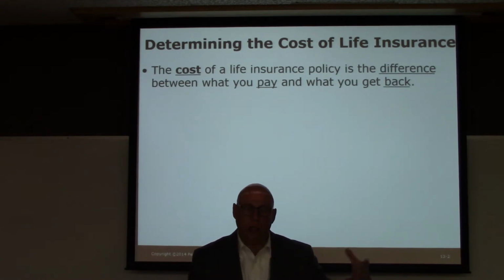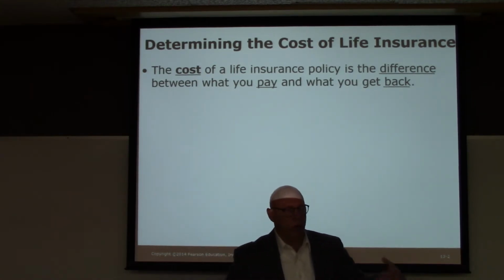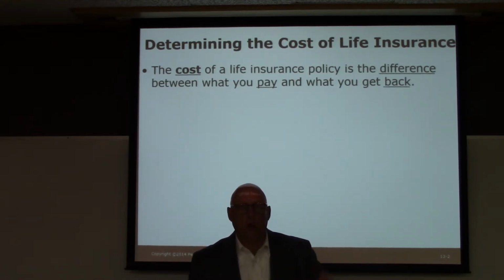Now, the policy could lapse or terminate before you die. Let's say you have a 30-year term policy. The 30 years is up. You're still around. What do you get back? Nothing. What does that mean? That means the cost of the insurance is what you paid in.